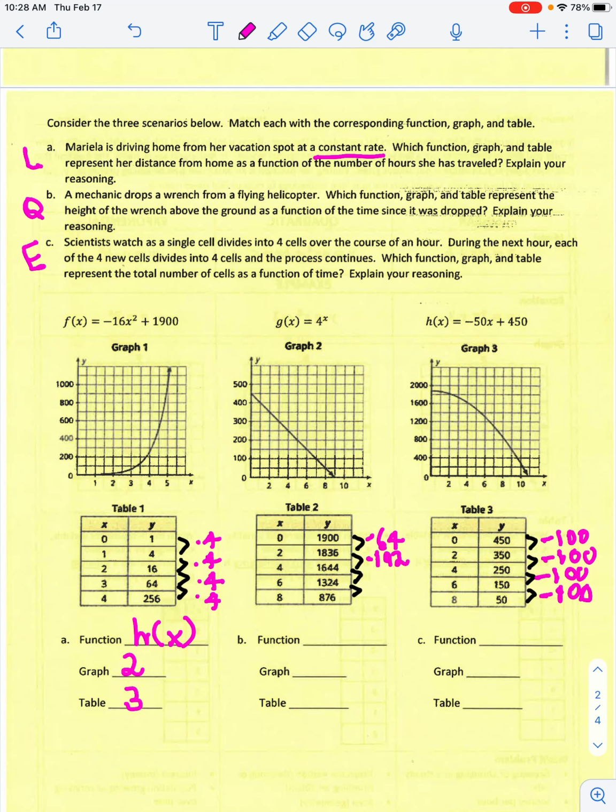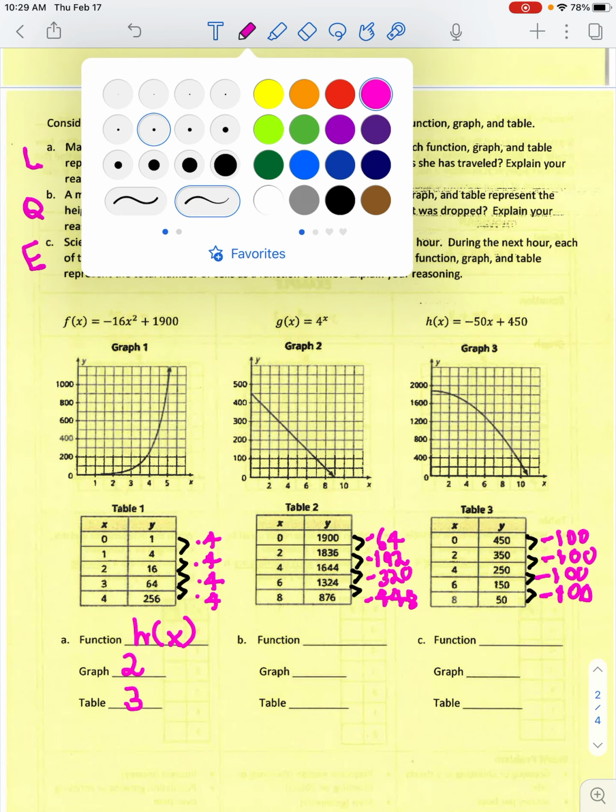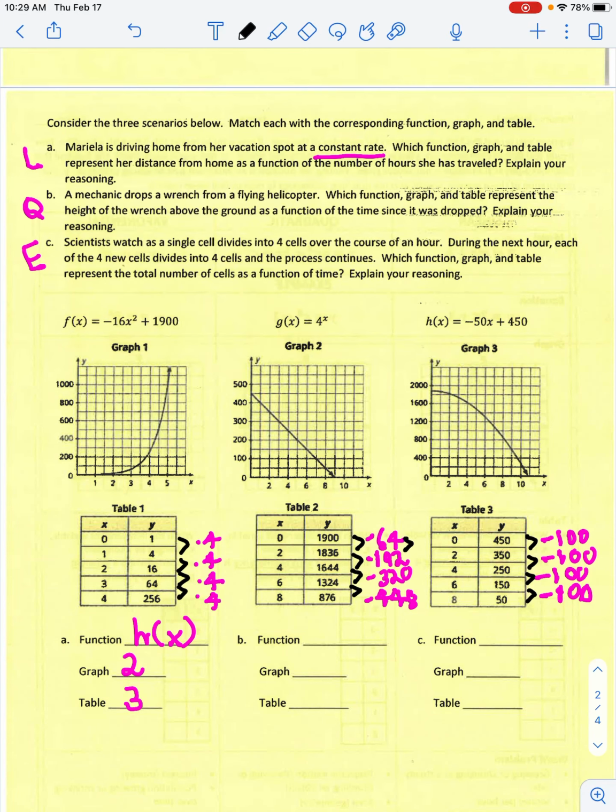Then 1324 minus 1644 is negative 320. And then the last one is negative 448. So if we then go back and find the second difference, we can show that that second difference is negative 128. And so that helps me know quadratic.